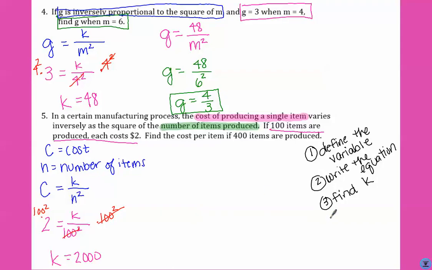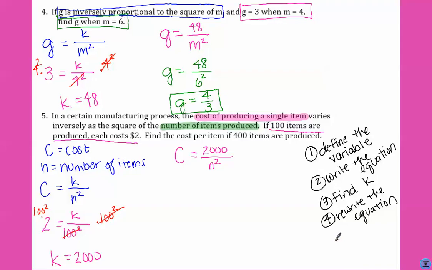Step 3 done. Next step, as it was before, rewrite the equation. So the cost equals 2,000 over N squared.